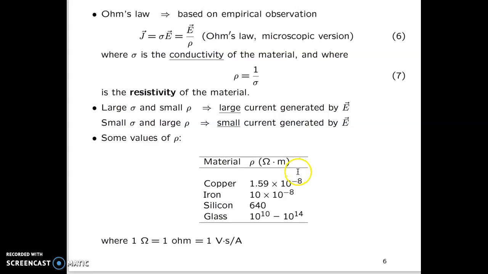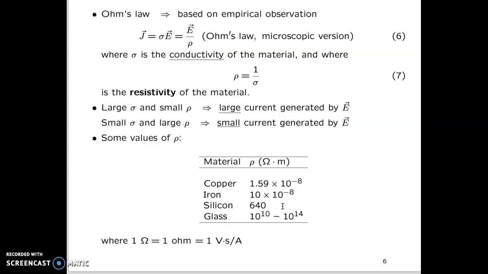Okay, so all you need to know here is the smaller this number is, the smaller the resistivity is, the easier it is for electrons to flow through the material. So copper has a really small resistivity, and that's obviously one of the reasons why it's used for electrical wires. Iron has a somewhat larger resistivity. Silicon is not even defined to be a conductor. It's called a semiconductor.